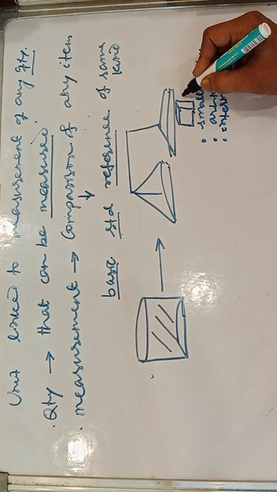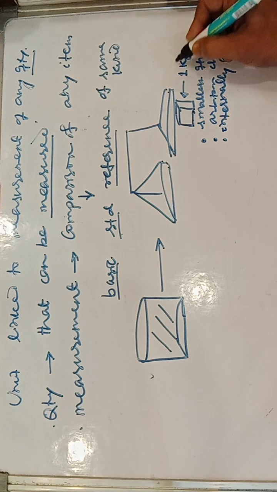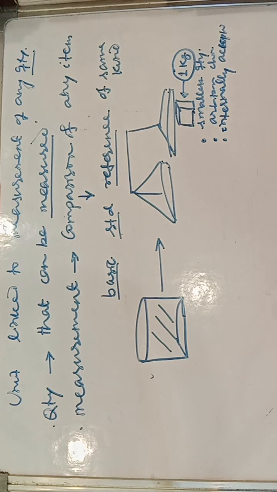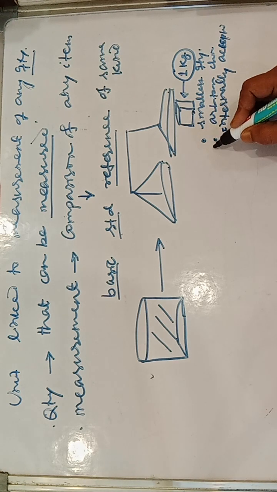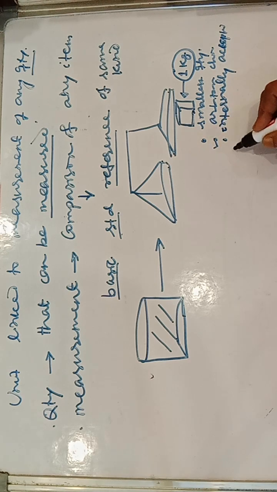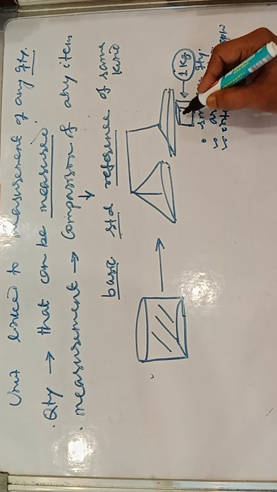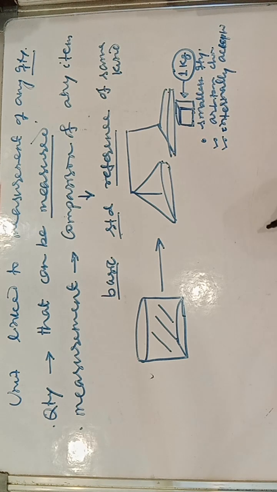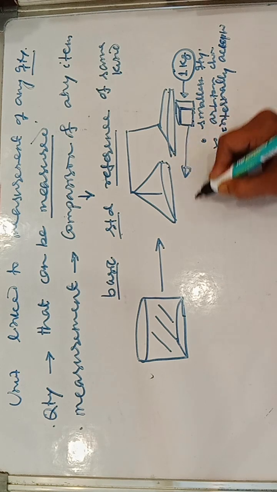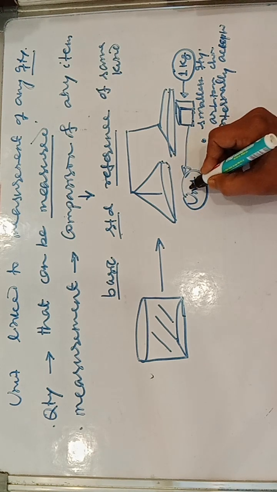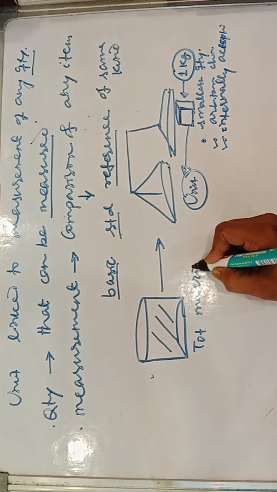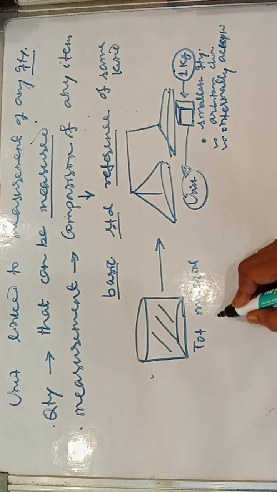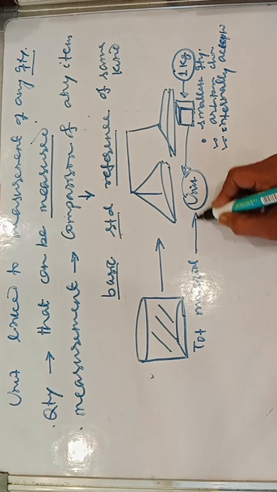Let here in this case 1 kg material be the smallest quantity that is being chosen by someone, and it has been accepted internationally that it will be the reference always, and this smallest one is termed as unit. In this case, the total material or the object which we want to measure will be compared with this unit.